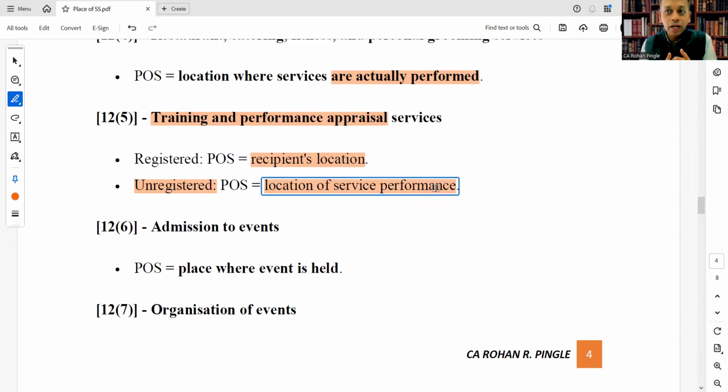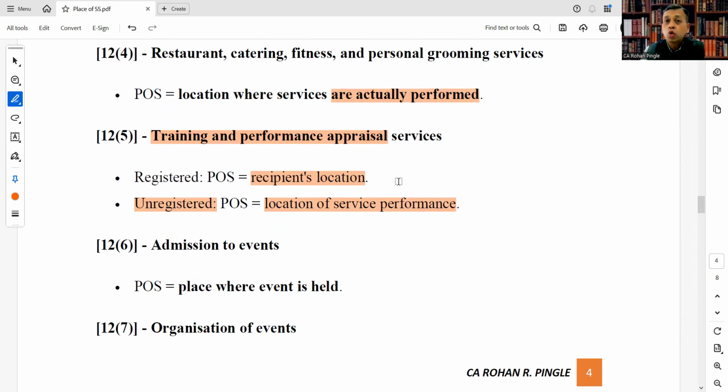You have to keep in mind that whenever there is an unregistered person, the place of supply would generally be the location of the service provider. But in this case, for training and performance appraisal, the location of service performance would be the place of supply. In restaurant, catering, fitness and personal grooming services, the place of supply is directly the location where services are actually performed, whether you are registered or unregistered. But in training and performance appraisal, there are two scenarios. If there is a registered recipient, the place of supply will be the recipient's location.